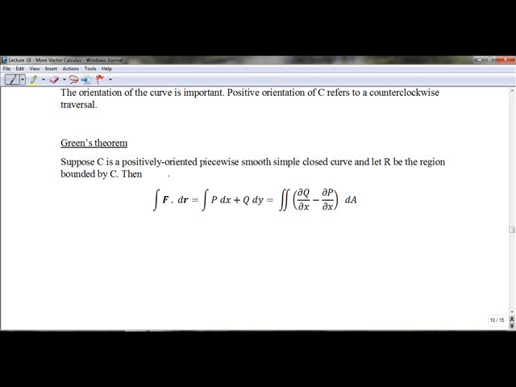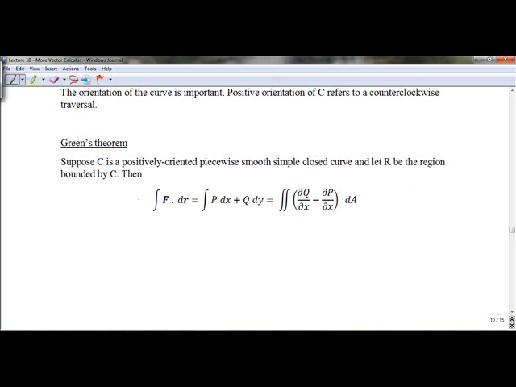Simple is a curve with no loops. So for example, this is not simple. Okay? All right. Good. So you have all of these things happening to C, and R is the region bounded by C.